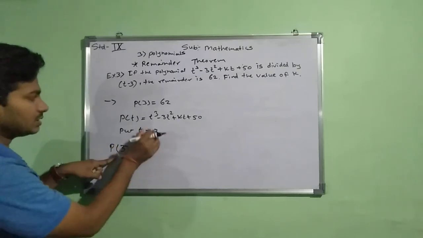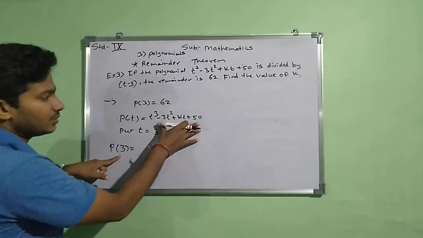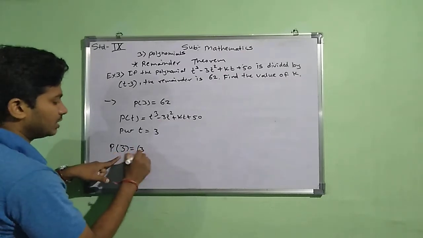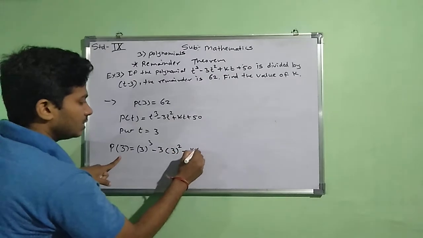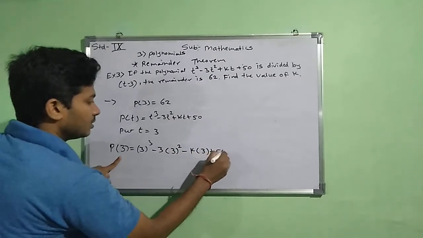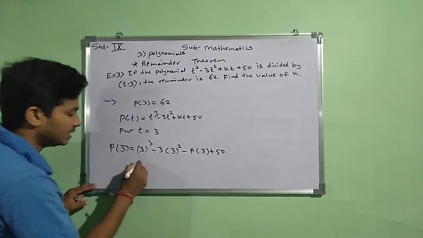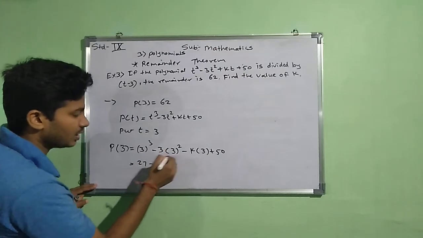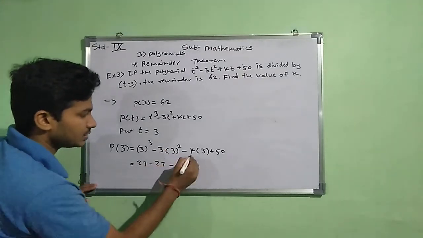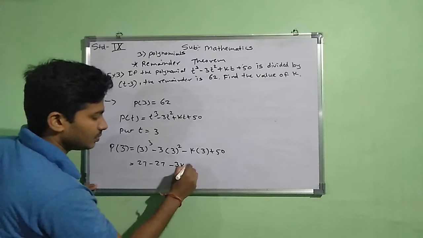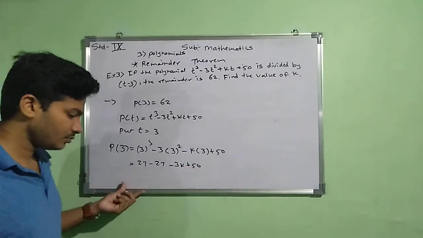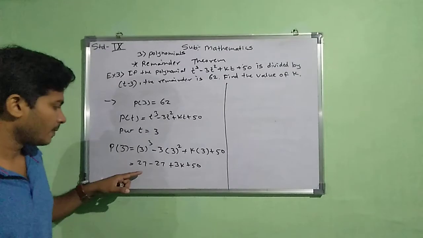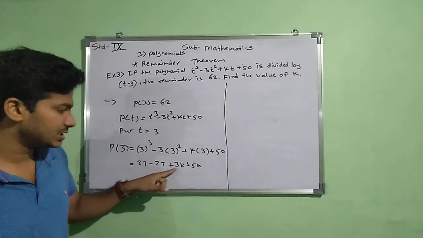Now p of 3 means after substituting the value of 3 inside our given polynomial, we get 3 cube minus 3 square plus k into 3 plus 50. Which is equal to, 3 cube is 27, minus 3 square is 9, into 3 is 27, minus 3k, plus 50. Here we got 27 minus 27 plus 3k plus 50.